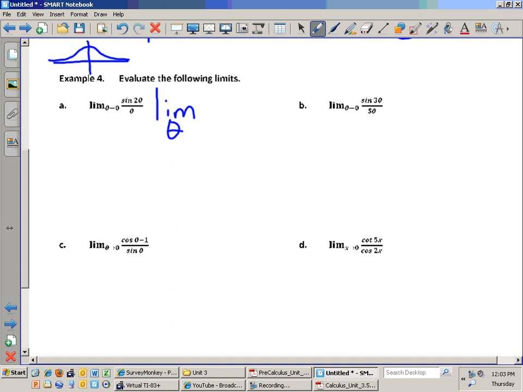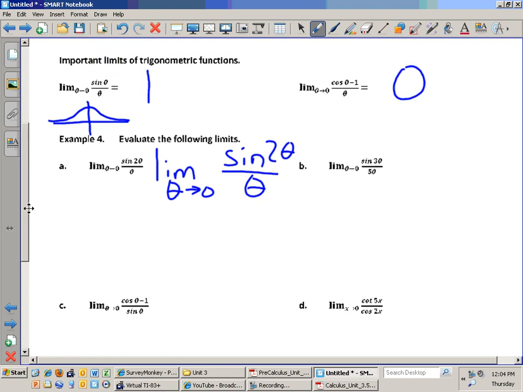The limit as theta approaches 0 of sine of 2 theta over theta. Now, when you get to these problems, we want to evaluate this. This isn't too tough, but you have to be able to think about it right. Now, this looks very similar to what I have up here, does it not? What's different about it? There's a 2 in front of that theta right here.